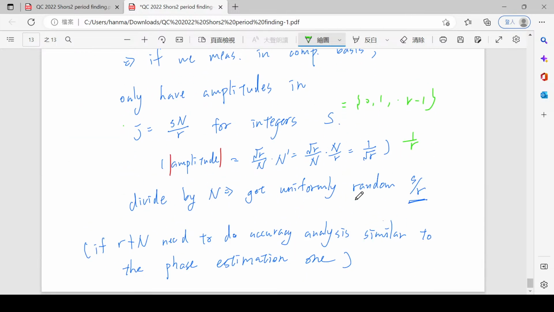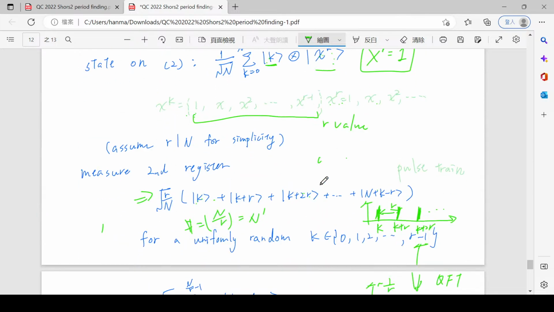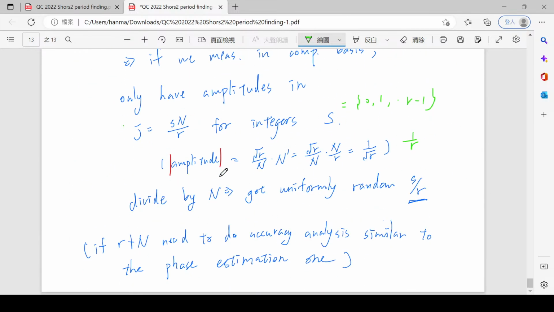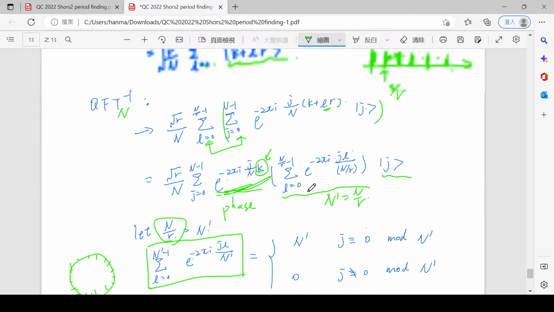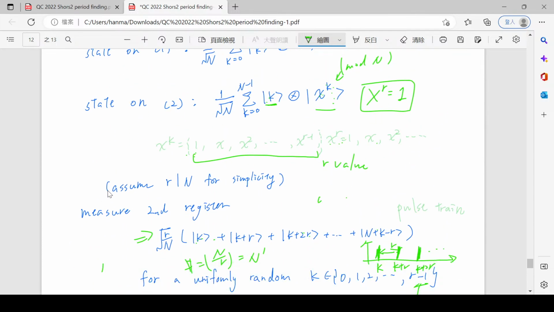If we normalize things a little bit, so we divide j by n, big N, then what you get is this phase S over r with uniformly random distribution, just as before, where we get it from phase estimation. So we're analyzing the same algorithm, so we expect to get the same result, but this is a different view. And the remaining question that we're going to brush over is this assumption, right?